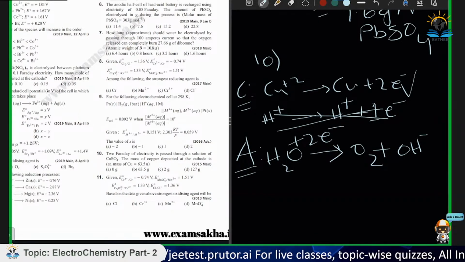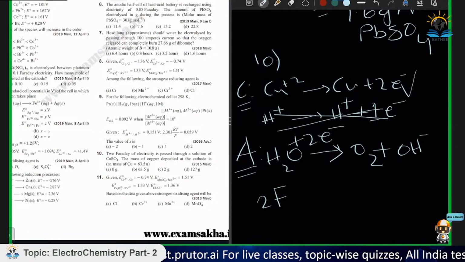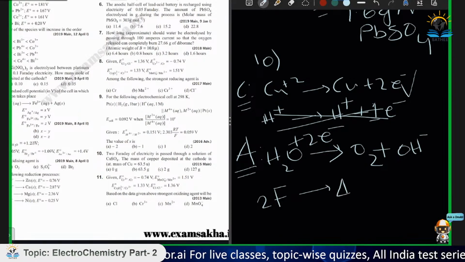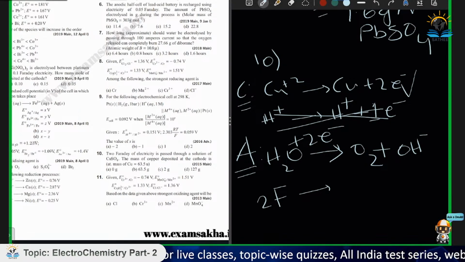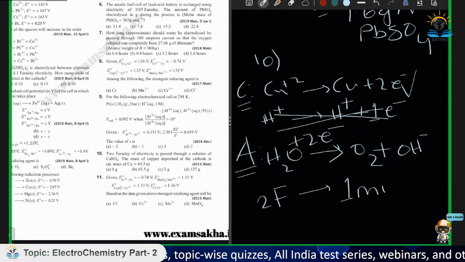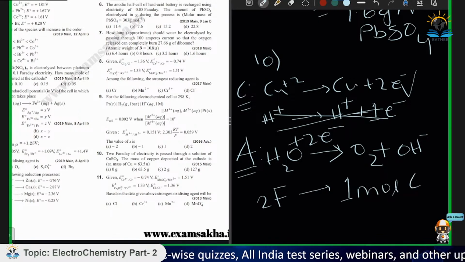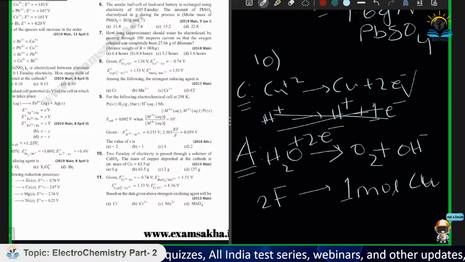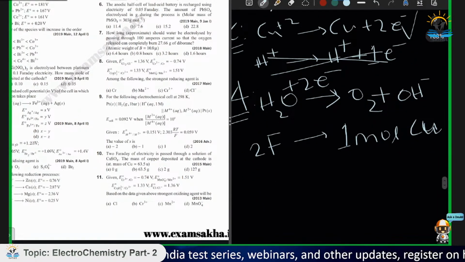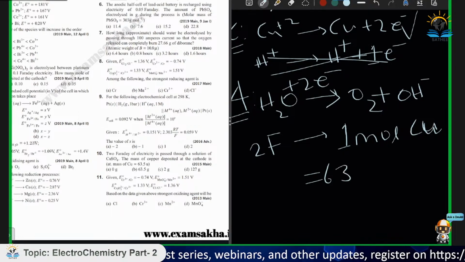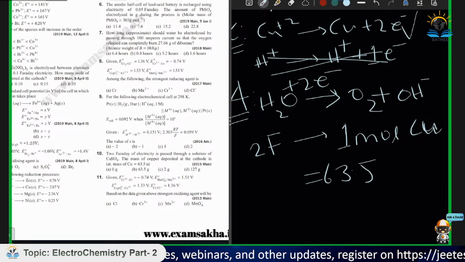So basically for 2 Faraday you have 1 mole of copper. 1 mole of copper is 63.5 grams.